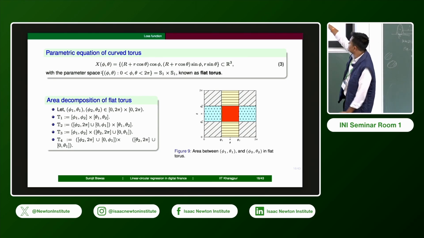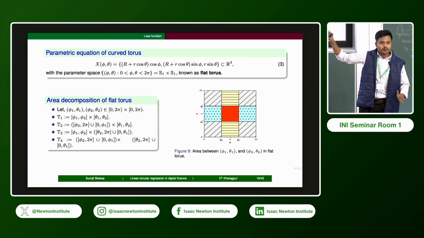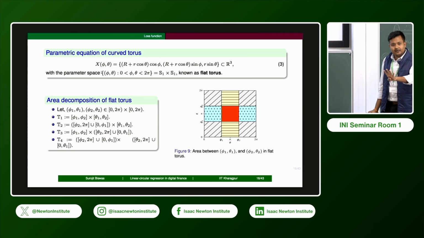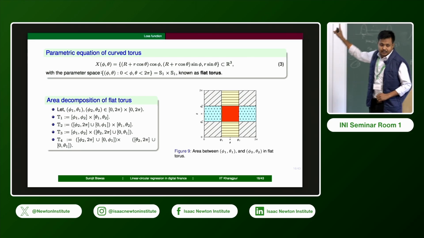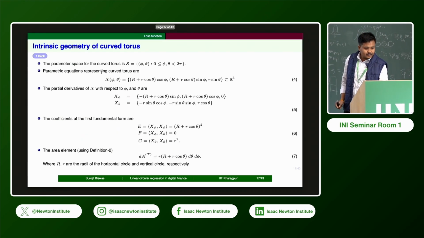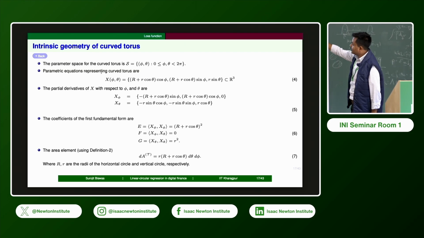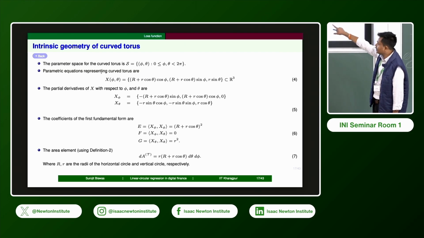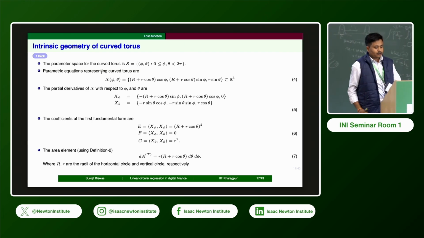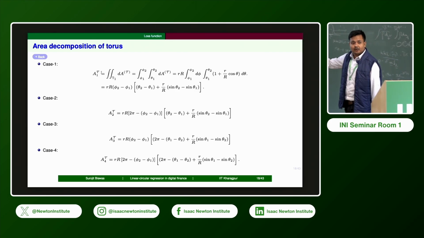So that's why you can see this is how the areas are calculated. These are the 4 areas of the flat torus, and corresponding to that, using differential geometry and some tools from that, the first fundamental form and area element, we have calculated the areas on the curved torus.